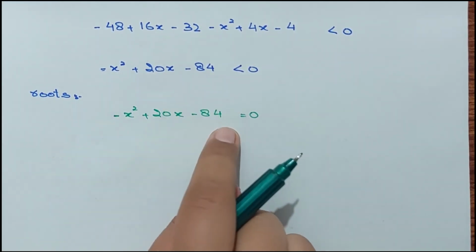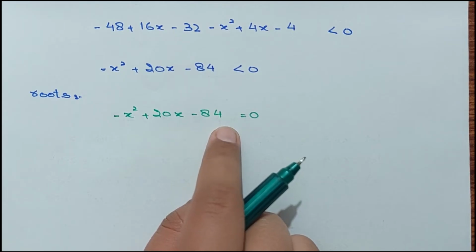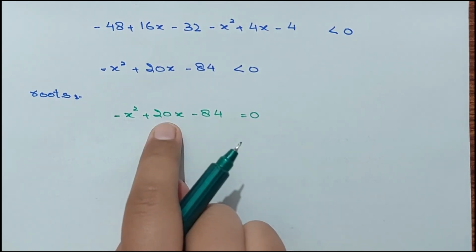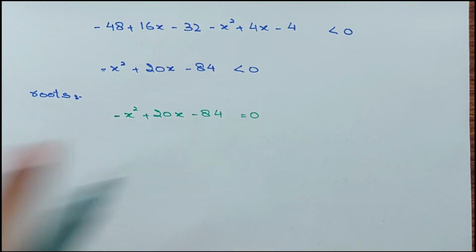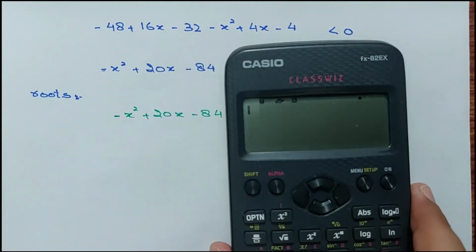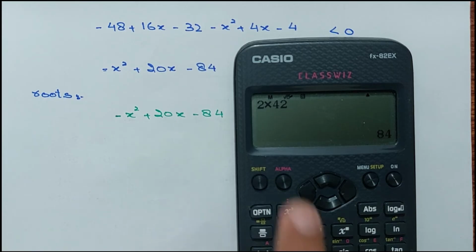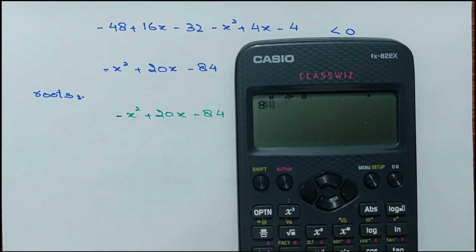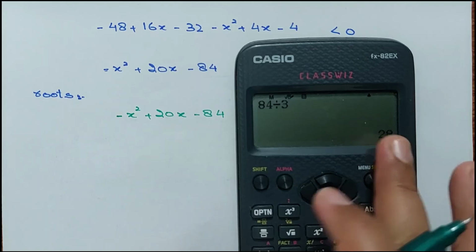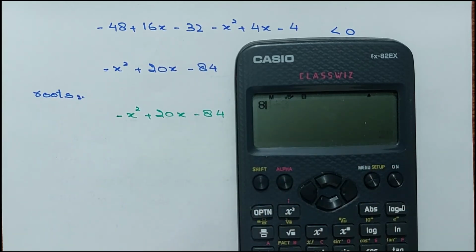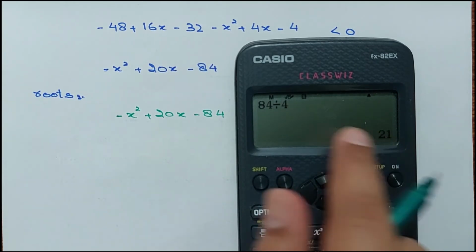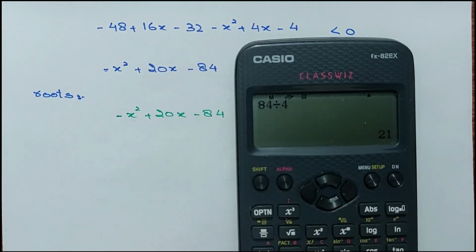Minus 1 times minus 84 is 84. We have to find the factors of 84 that, when we add them, give 20. Let me check. 84 divided by 2: 2 times 42 is 84, but adding is not 20. 84 divided by 3: 28 and 3, not 20. 84 divided by 4: 21 and 4, not 20. 84 divided by 6: 6 times 14 is 84.